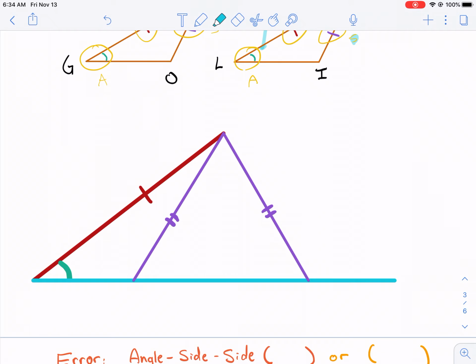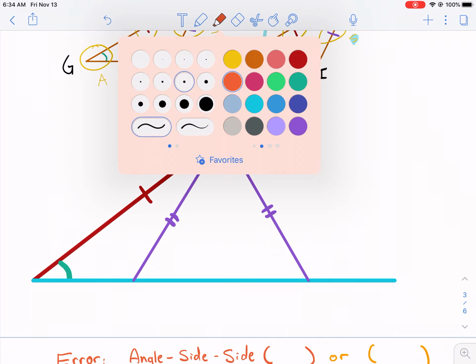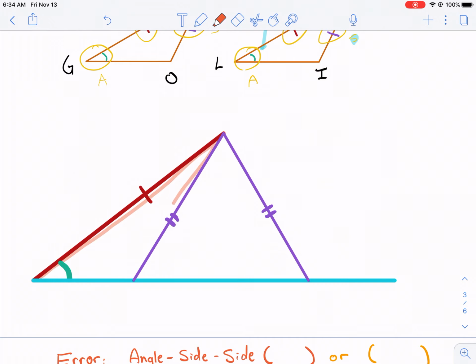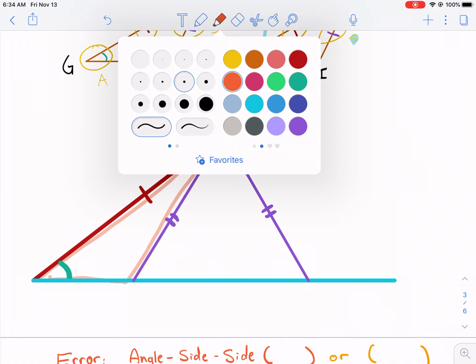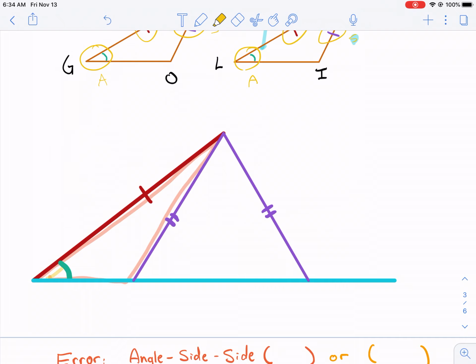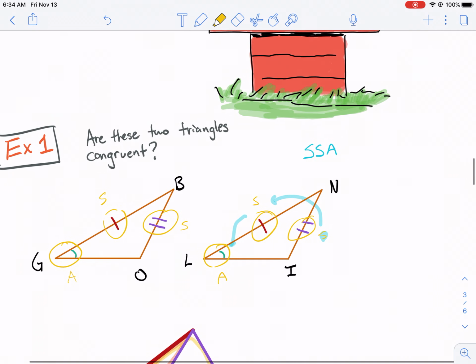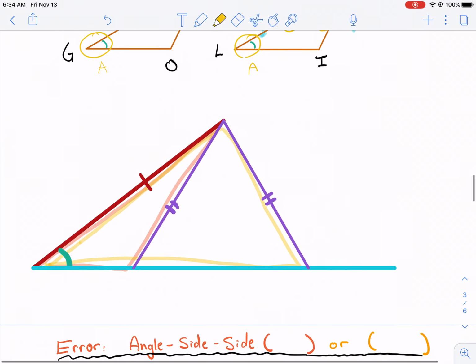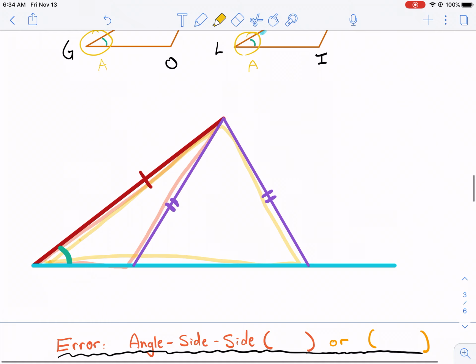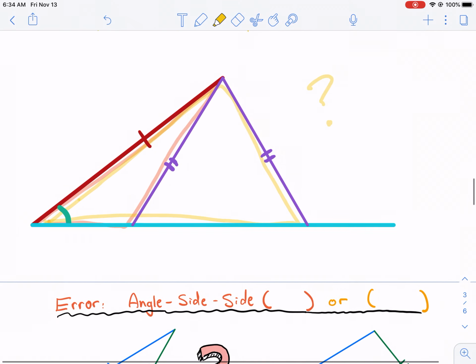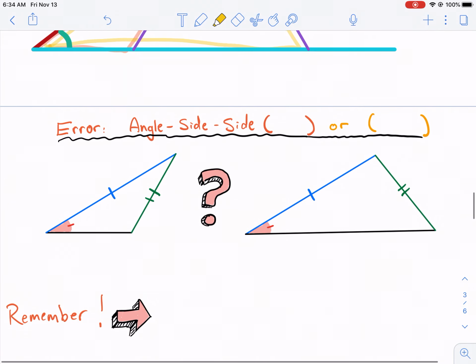It creates this orange one here, and it creates this yellow one here. So if we are given a side and an angle, there are two different possibilities. So the question is, which one would it be? And that is why this is not a congruence postulate.